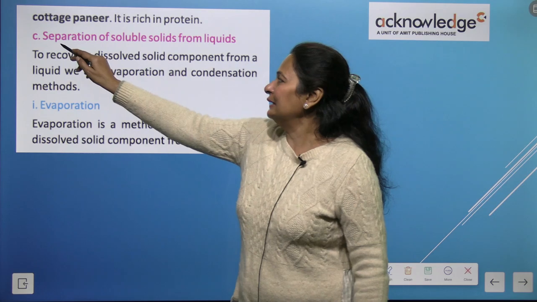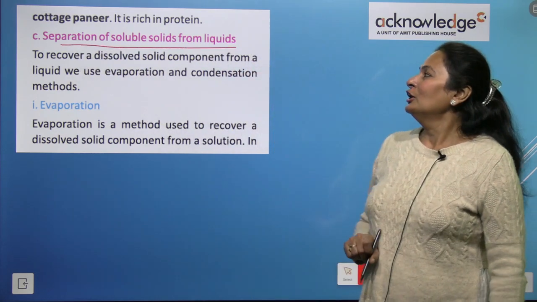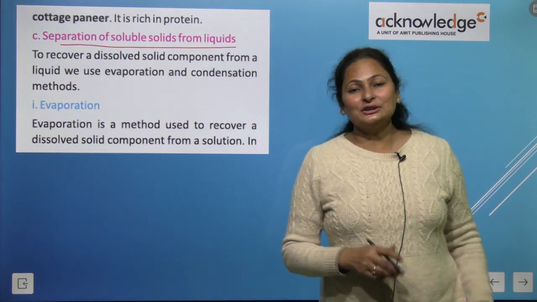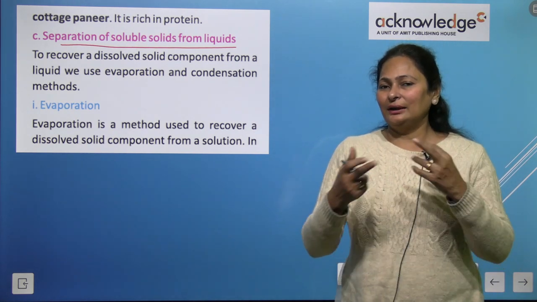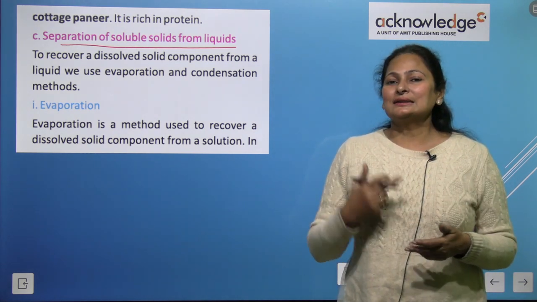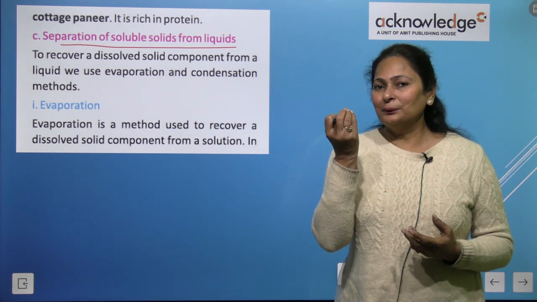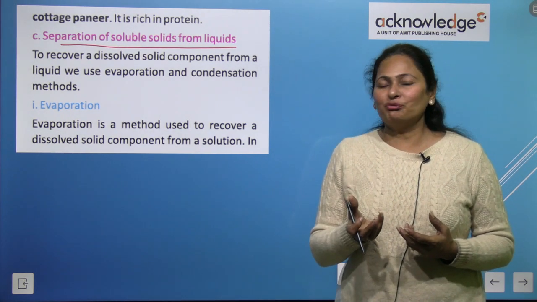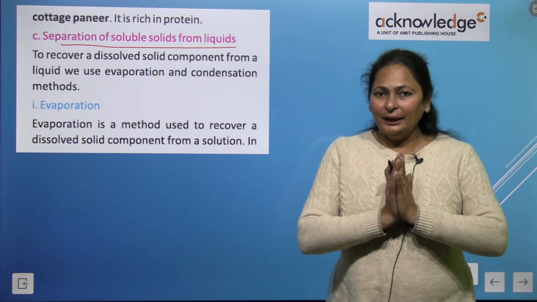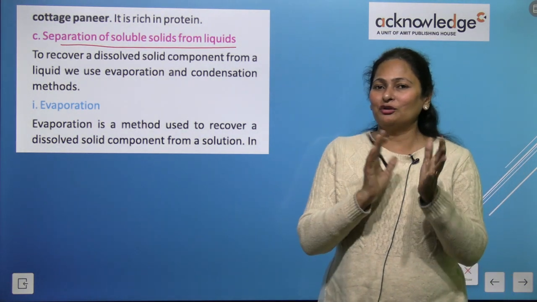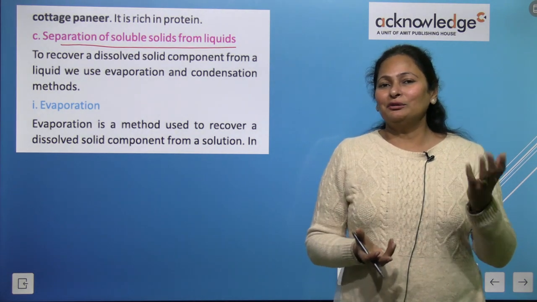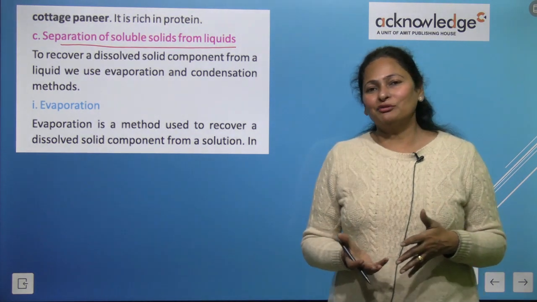Now the next is separation of soluble solids from liquids. We have earlier, when we were discussing the different methods of separating, grouped them into four: solid from solid, insoluble from liquids, and soluble from liquids.